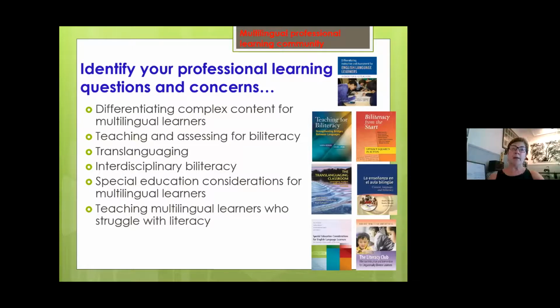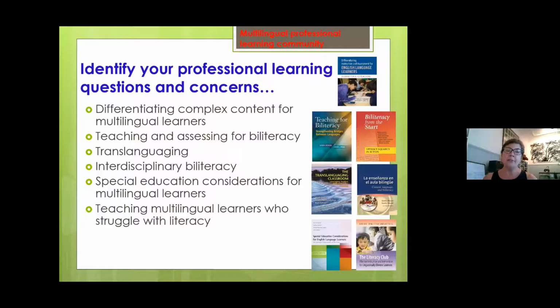Some of you may know about translanguaging. There's been a lot of conflict and controversy and questions about what translanguaging means. This book, The Translanguaging Classroom, shows teachers how they can investigate the language practices of multilingual learners in their own classrooms, and how they can draw on those resources and on a translanguaging pedagogy, which they explicate throughout the book, in ways that level the playing field for multilingual learners.